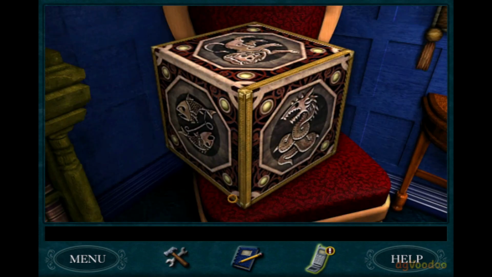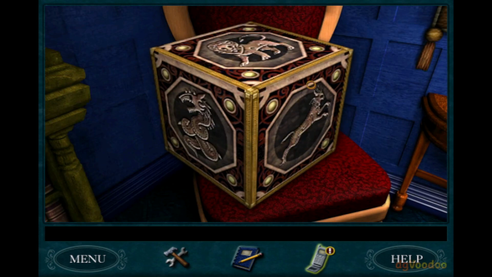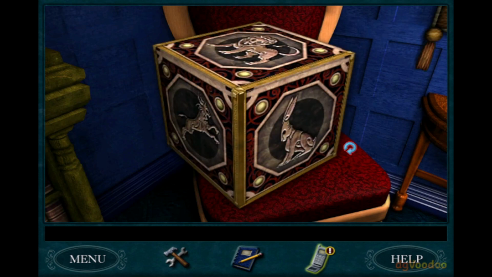Can we see the underside? No. There's no way to... So I guess we're just working with the 5 sides here.